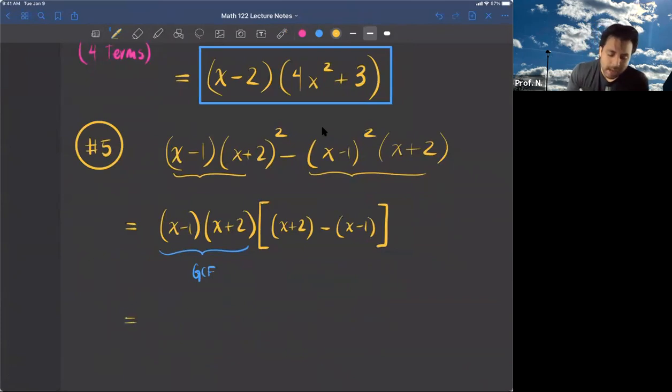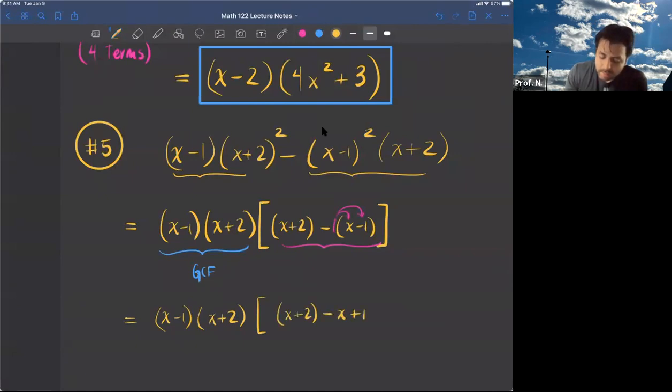So then I got x minus 1, parentheses, x plus 2, and then here I can further simplify this, right? I can subtract an x and then remember, when I distribute this -1, I subtract an x and add a 1. So this is going to look like this: x plus 2 minus x plus 1. And then I can get rid of these parentheses.